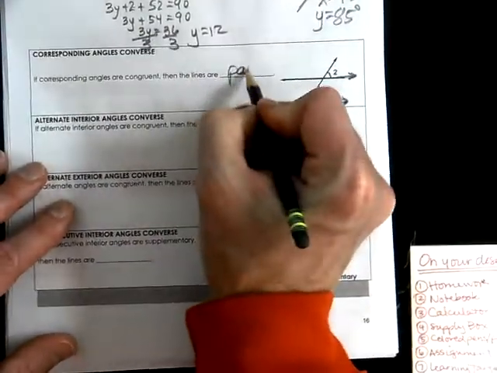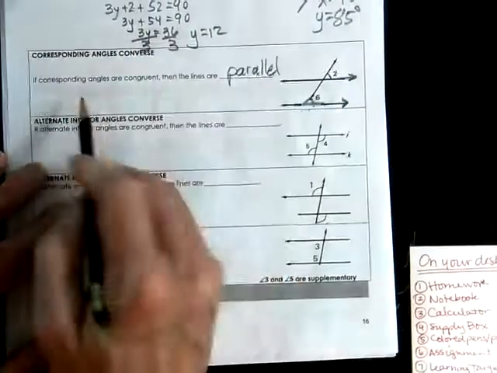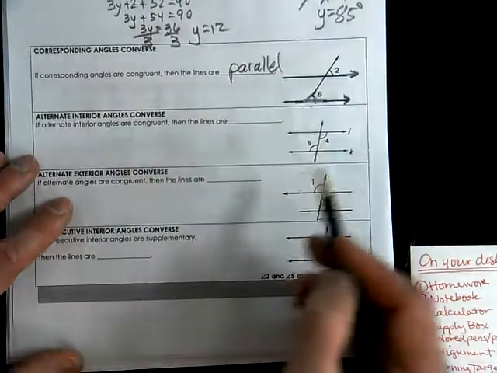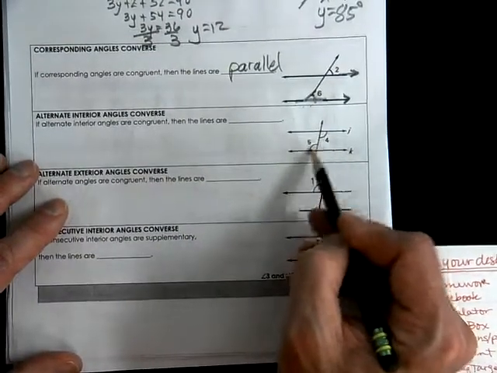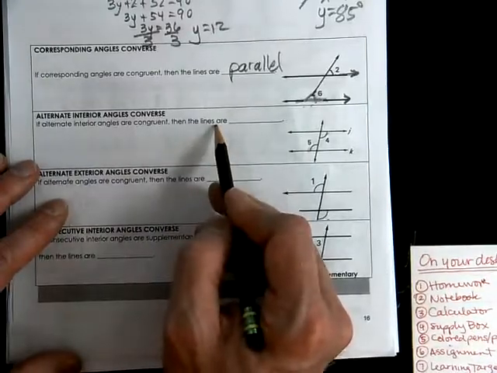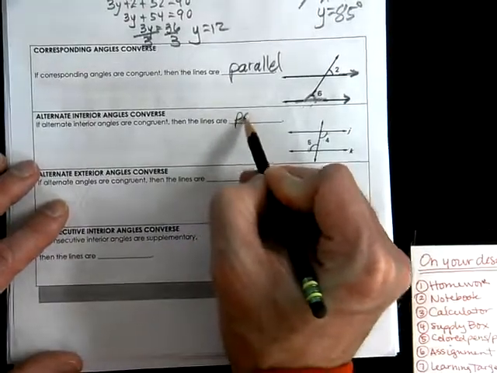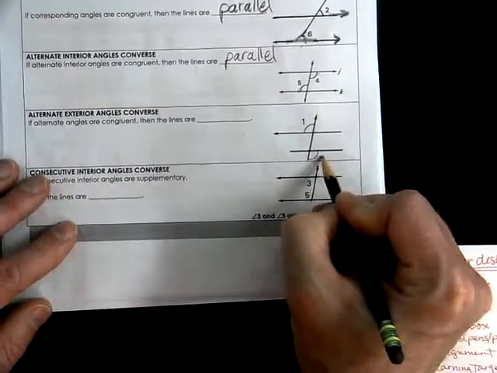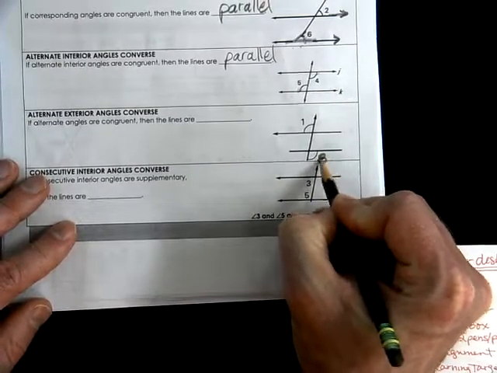They have to be parallel. If corresponding angles are congruent, then the lines are parallel. If alternate interior angles are congruent, then the lines are parallel. This would be the number 8 down here.